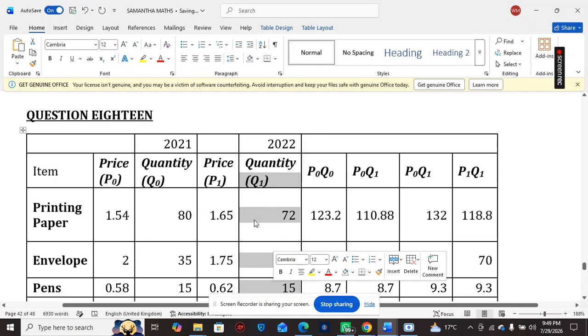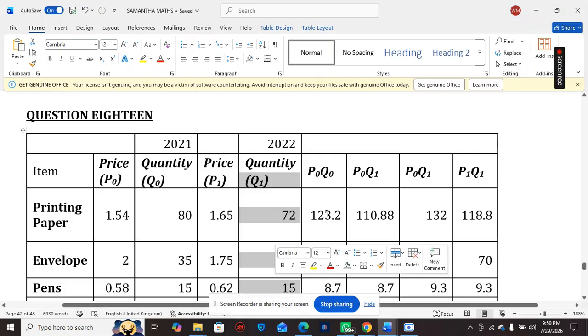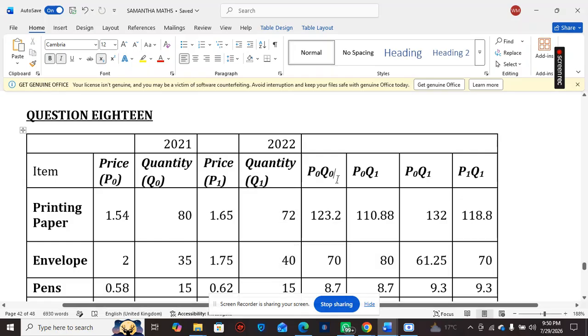So notice what has happened here. We've used the prices for 2021 with the quantities for 2021. Then again, we've used the price for 2021 with the quantities for 2022. So what's happening in this table is you're just going to multiply each price with all the quantities. Basic. That's what's happening here, colleagues. You're going to multiply each price with all the quantities.